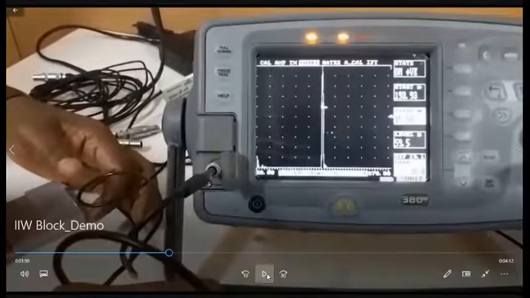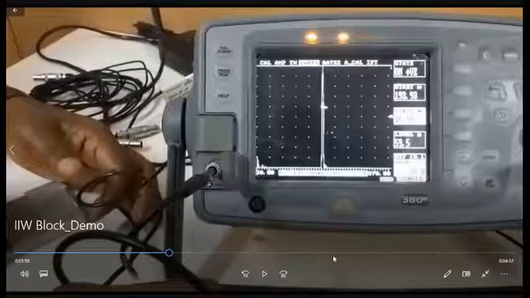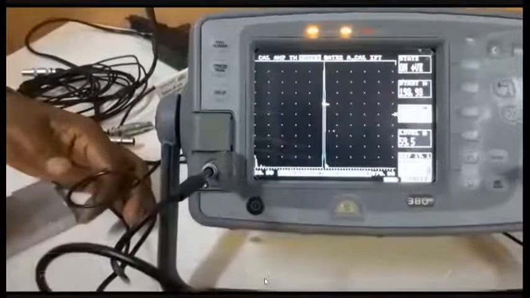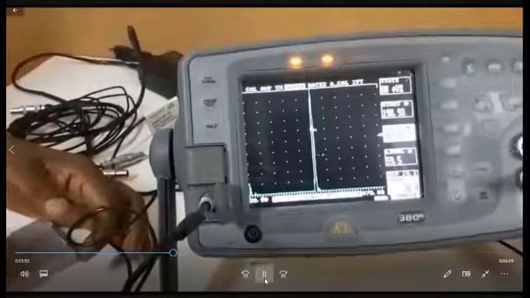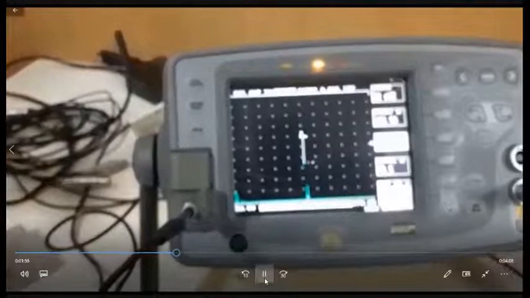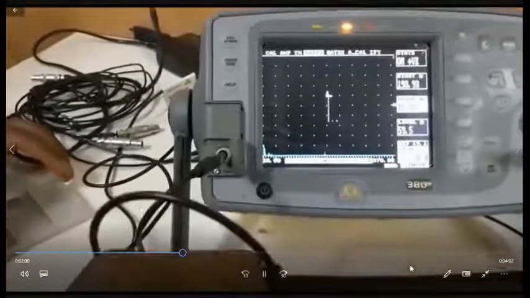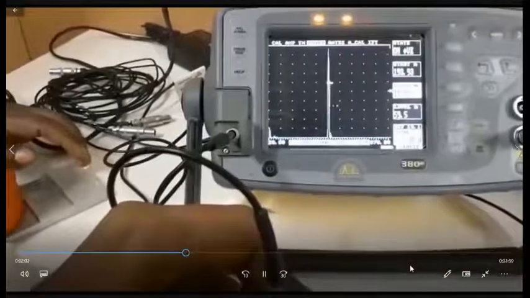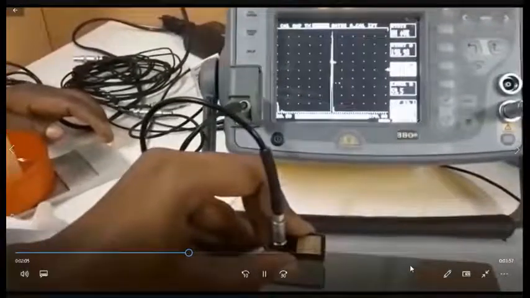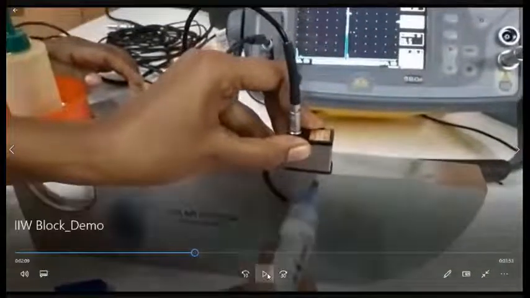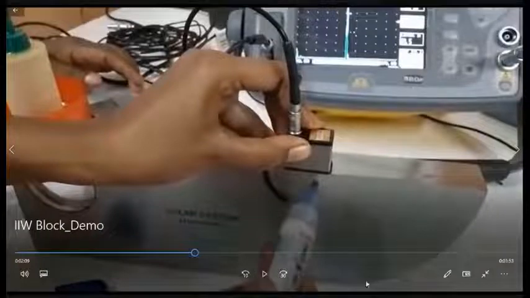Yeah, so it is at this point when the signal is maximum, as you could see, right? So that's the index point which you need to first mark. Yeah, so we are going to mark the index point, as you could see over here now.